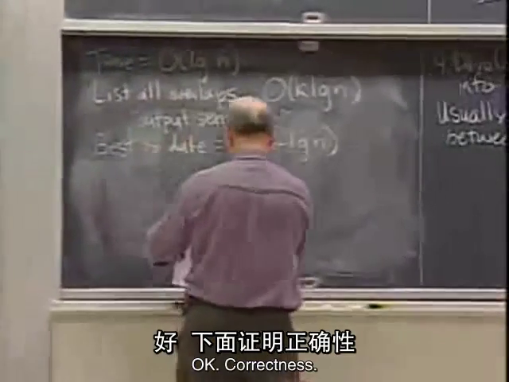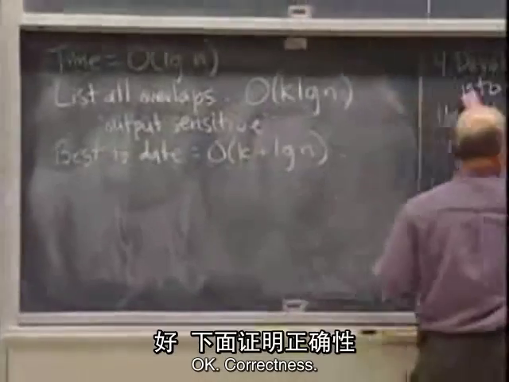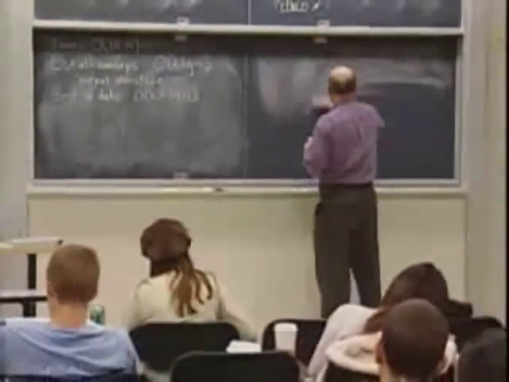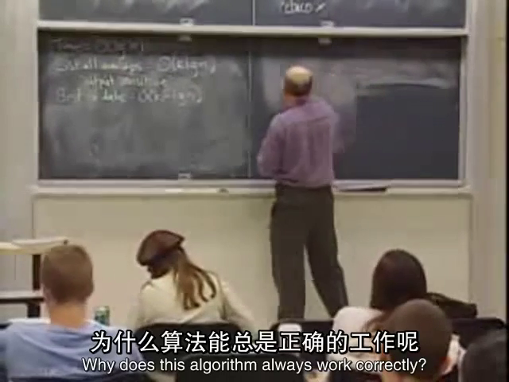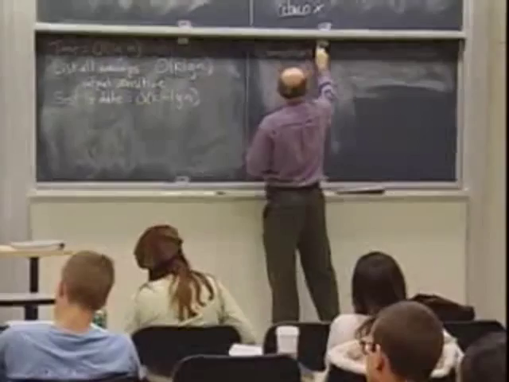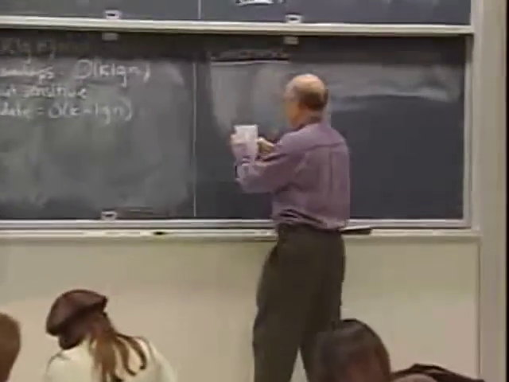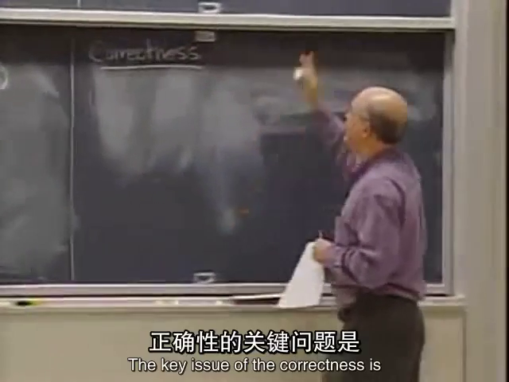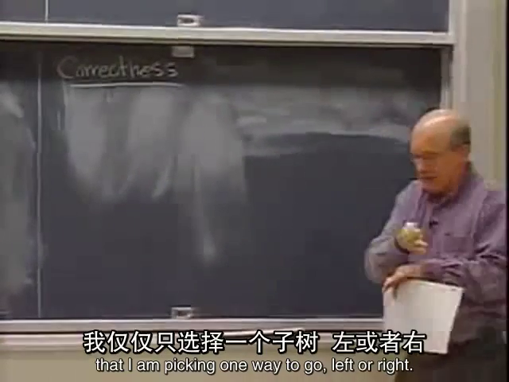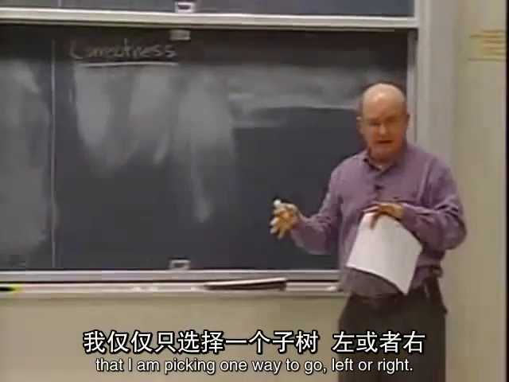Okay, correctness. Why does this algorithm always work correctly? The key issue of the correctness is that I'm picking one way to go, left or right.